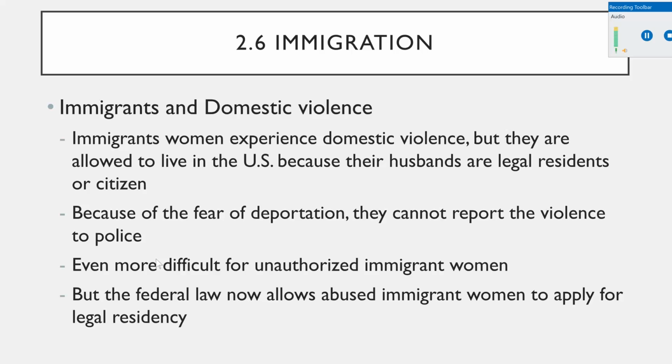Immigrant women experience more domestic violence, and they often cannot report it to the police because they got their permanent residence, I mean the green card or citizenship, by marrying a legal resident or citizen of the U.S. Because of the fear of deportation, they cannot report or seek counseling for the abuse from their husbands. For unauthorized immigrant women, it's even more difficult than for legal immigrants. However, the federal law now allows abused immigrant women to apply for legal residency.